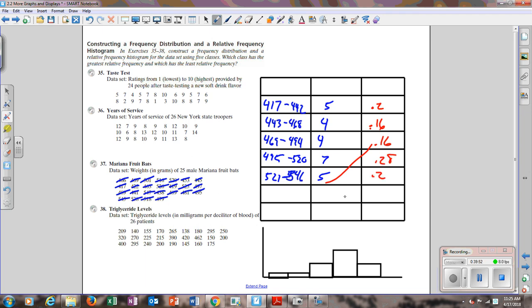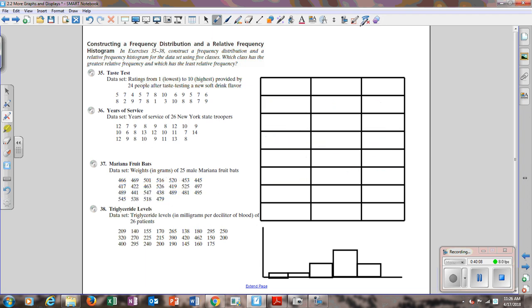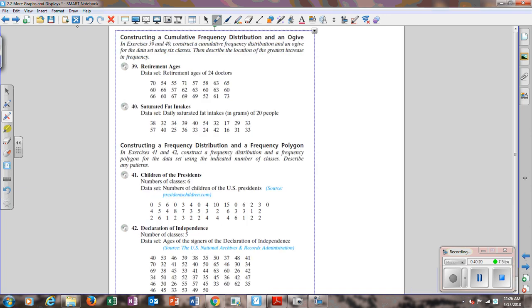And then 0.2. All right, let's move on. 38. Triglyceride levels, blah, blah, blah. This is going to be the same thing. Let's move on to the ogive, and then we'll be done with 2.1.